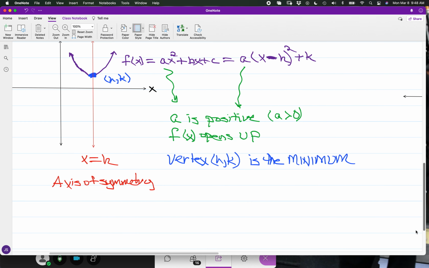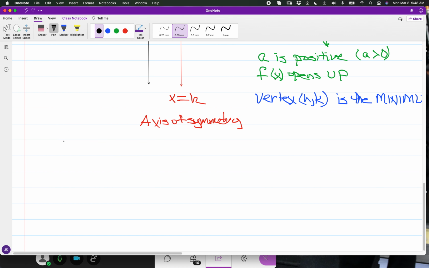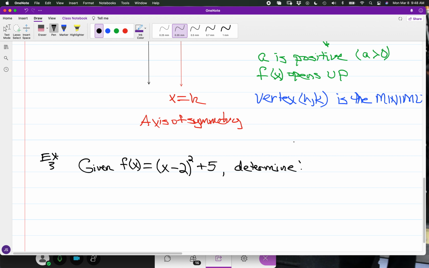Let's say we are given f of x equals (x minus 2) squared plus 5, and say we're looking for three components here.